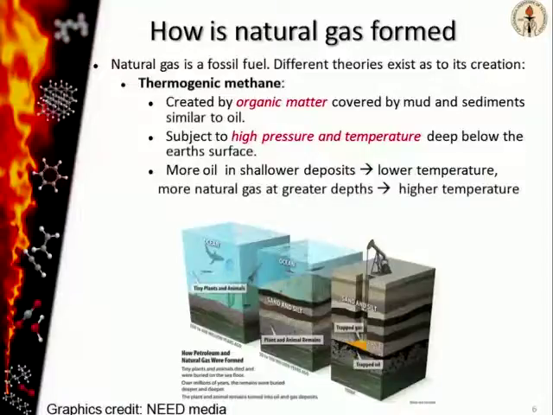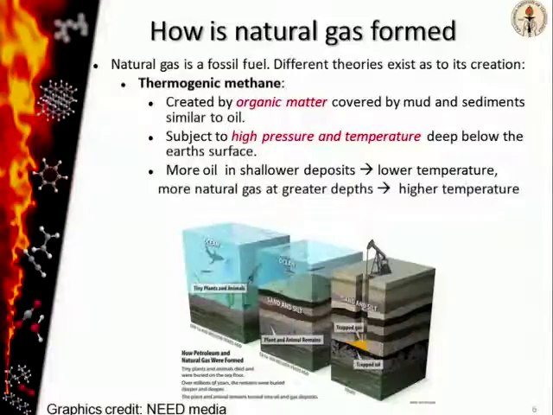Now, just to give a brief introduction, how is natural gas formed? Natural gas is a fossil fuel. Different theories exist as to the creation of natural gas. The majority of it is, of course, produced by the thermogenic process, which is illustrated in this figure here, where you have organic matter, comprised of dead animals and plants, which is deposited on the Earth's surface.